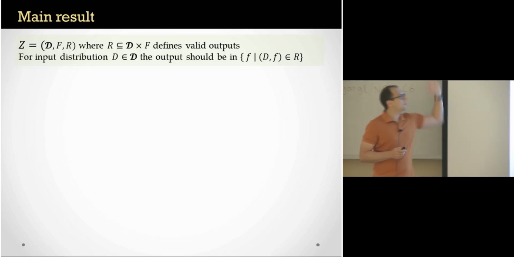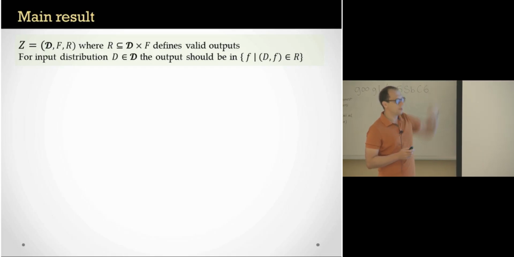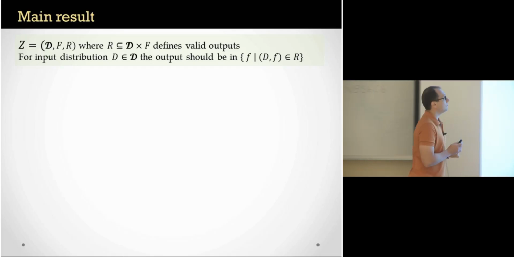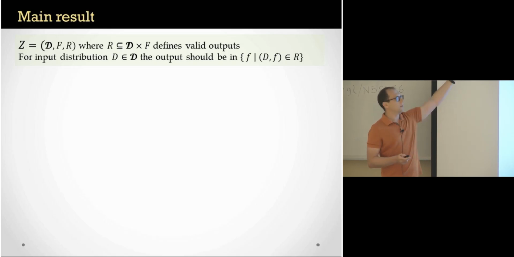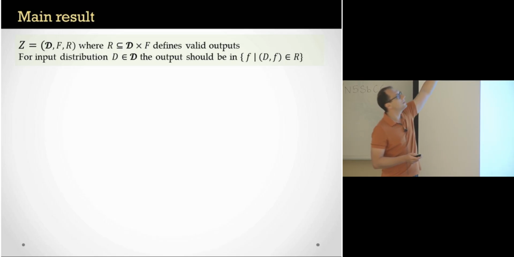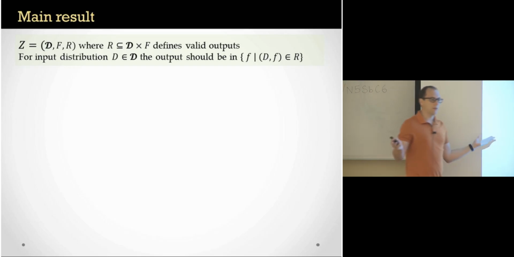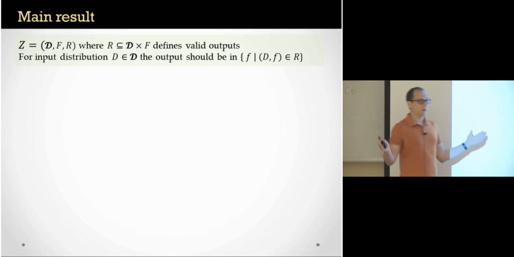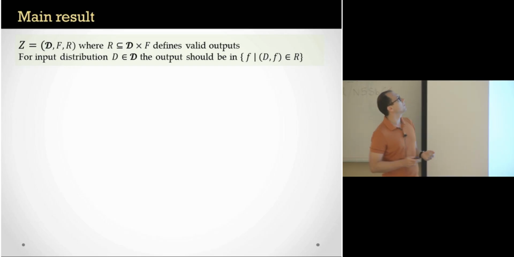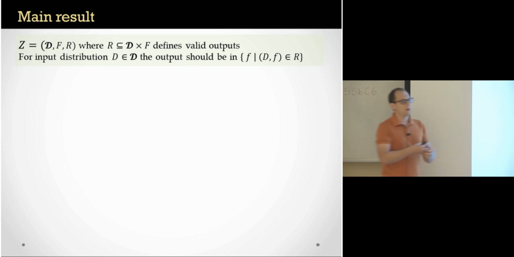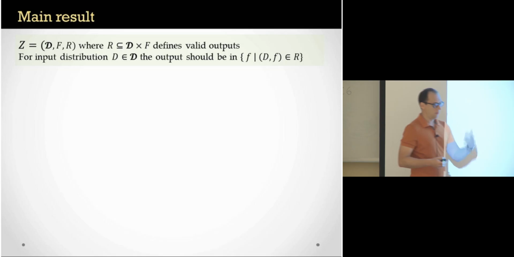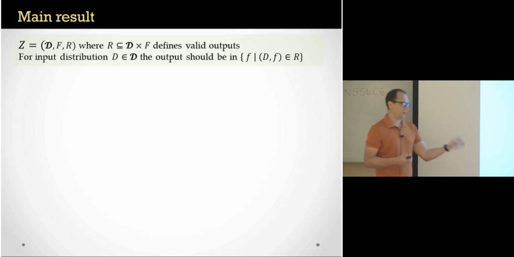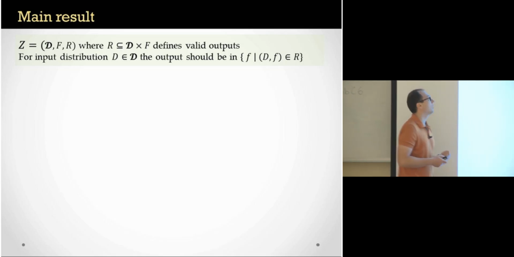So first of all, let me define this more general setting that I've been talking about. To define a general statistical problem, we'll use a simple triplet in which the script D describes the set of all possible input distributions that we might be dealing with. Think of it as all possible inputs. The set F describes the set of all possible solutions from which the algorithm needs to produce an output.